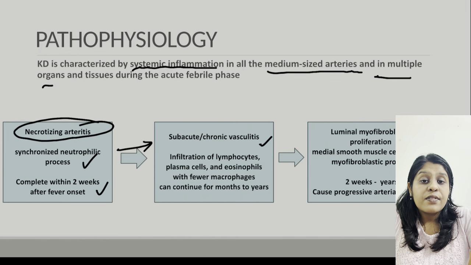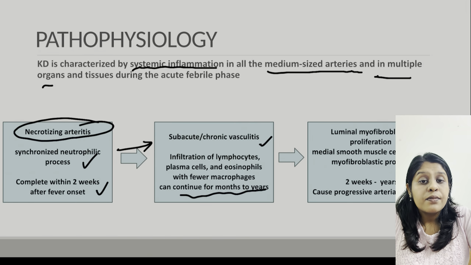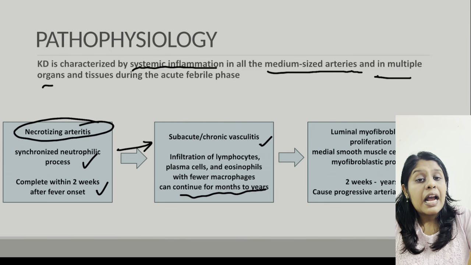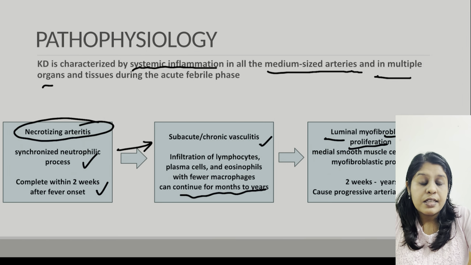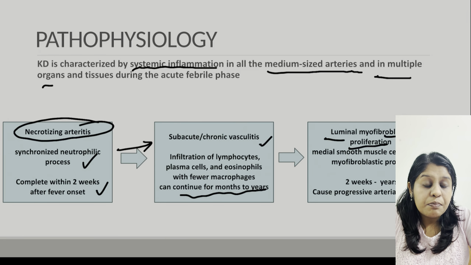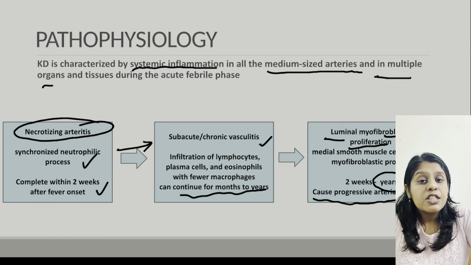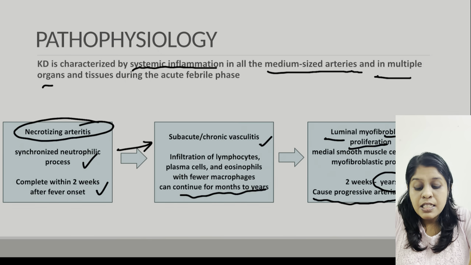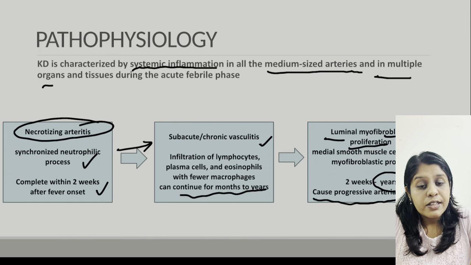This is when there is infiltration of lymphocytes, plasma cells, and eosinophils with fewer macrophages, and this can continue for weeks, months, or even years. And then comes the last phase, the luminal myofibroblastic proliferation phase. In this, there is a medial smooth muscle derived myofibroblastic process. It can last up to years and can cause progressive arterial stenosis. So you have to remember 3 stages: necrotizing arteritis, subacute or chronic vasculitis, and luminal myofibroblastic proliferation.